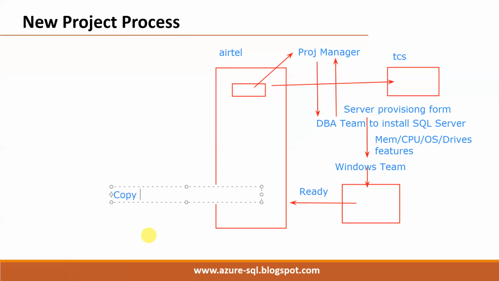We maintain one separate server for our team's purpose, where we keep the software. From that machine, we'll copy the SQL Server software plus the latest patches. I mean SQL patches, not OS. After copying the software with the latest patch, we'll start the installation process.